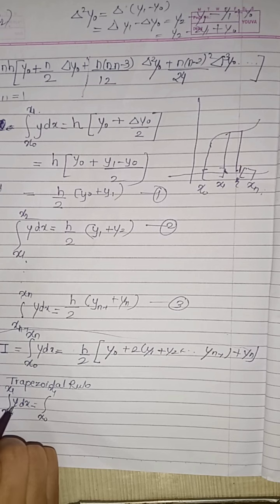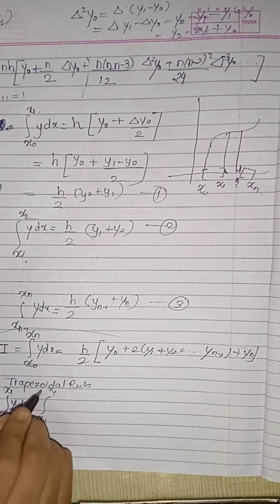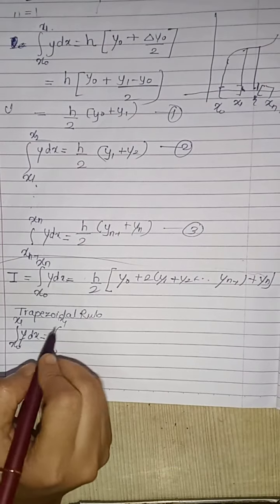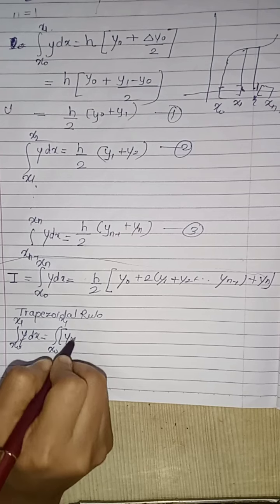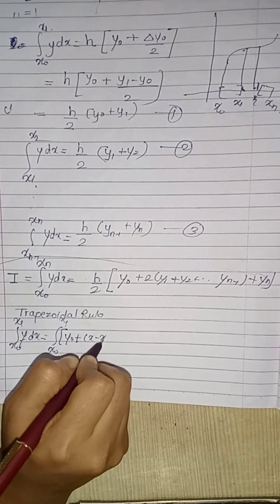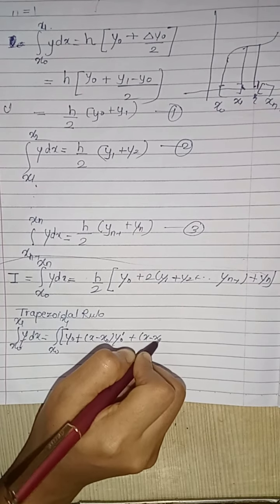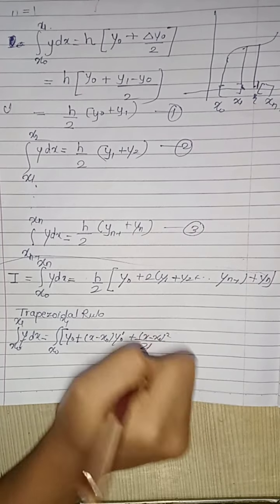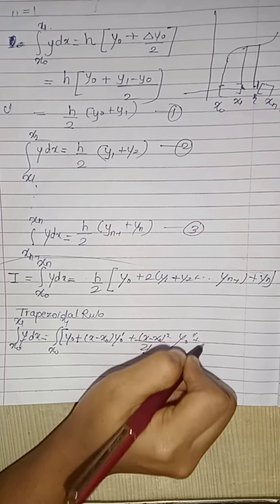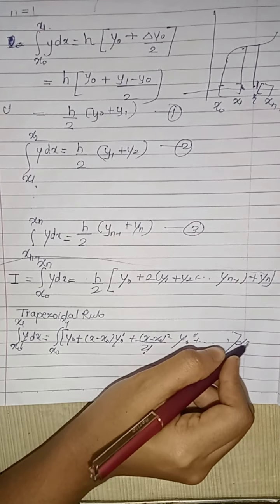Instead of y, we have to make use of the Taylor series expansion around x equals x0. So the Taylor series expansion is nothing but y0 plus x minus x0 into y0 dash plus x minus x0 square upon 2 factorial into y0 double dash plus so on, dx.